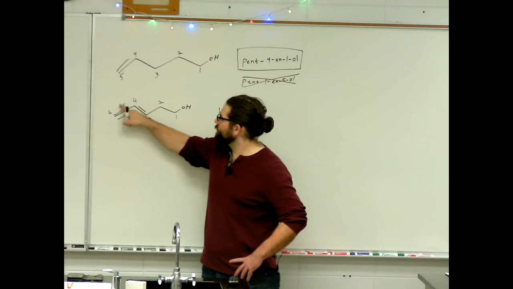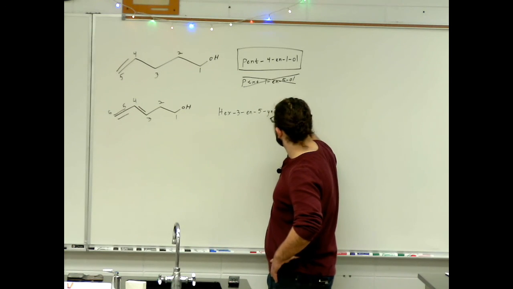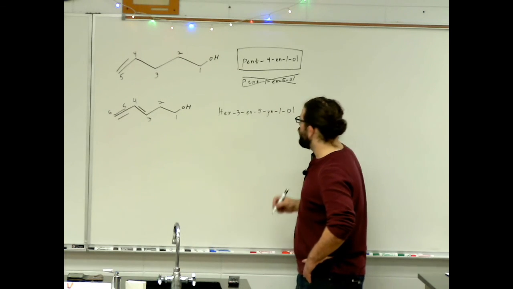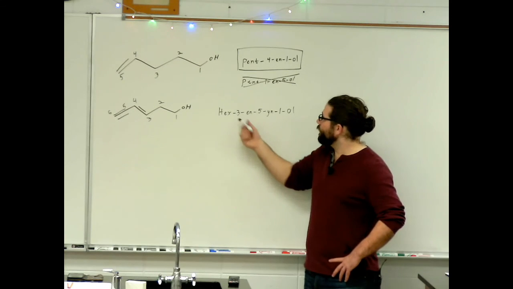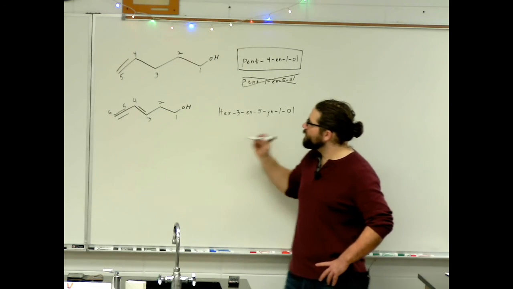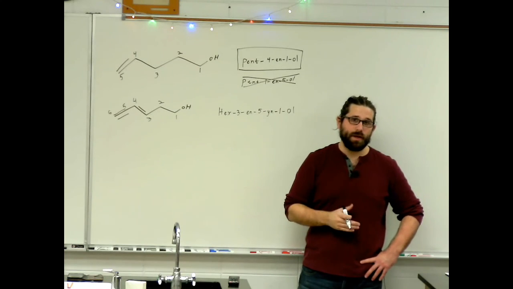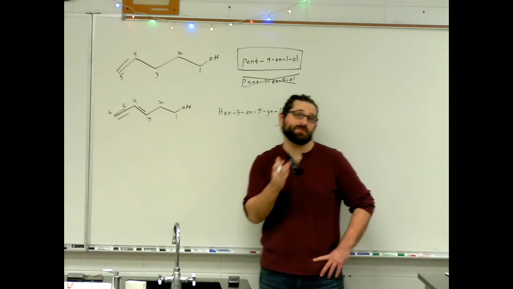My triple bond starts on 5, 5-yn. My alcohol is on 1, 1-ol. So we have the "-en" on the 3, the "-yn" on the 5, because the alcohol has that higher priority. Okay? Next, we're going to take a look at some more different types of functional groups.